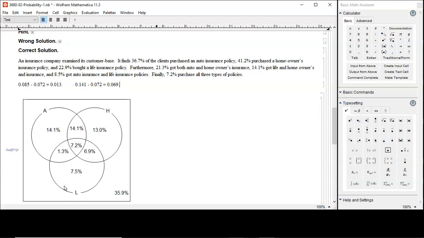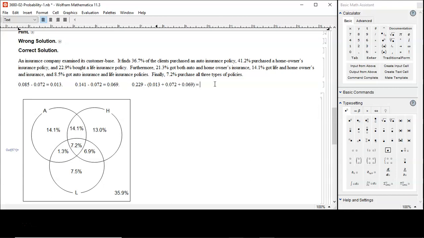And also, the entire life insurance down here is 22.9%. So 22.9% minus, so that's this entire circle down here, but these numbers are already counted, so 0.013, 0.072, 0.069.